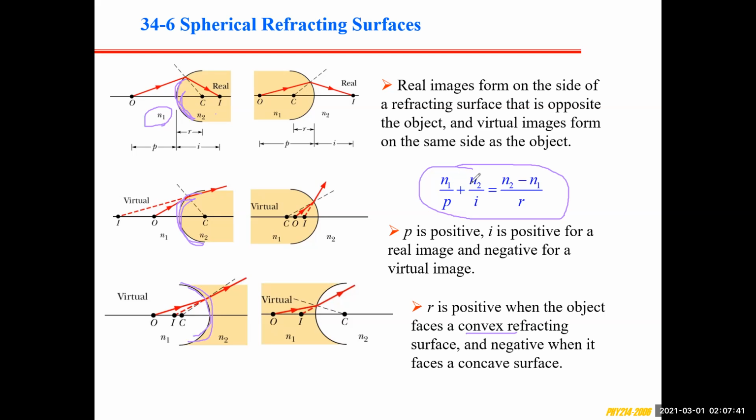If N1 and N2 are both air, then you pretty much go back to 1 over P plus 1 over I, similar to the lens equation. But when you're dealing with a refracting surface, this is the equation to use.